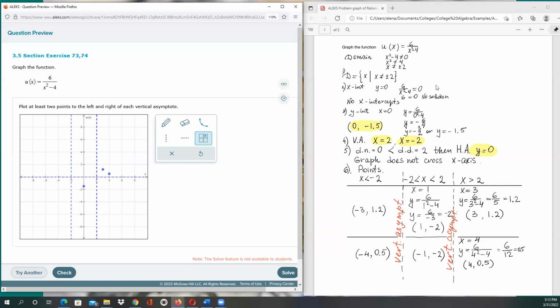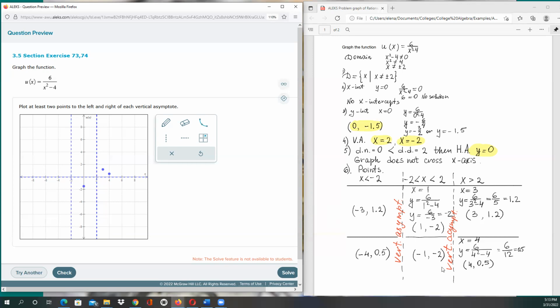If you notice, this function is an even function, and the graph of an even function has symmetry with respect to the y-axis. So whatever we have on the right side will be symmetrical to the graph on the left side. So if we have x equals 3, then we can use x equals -3, and the values of y are the same.